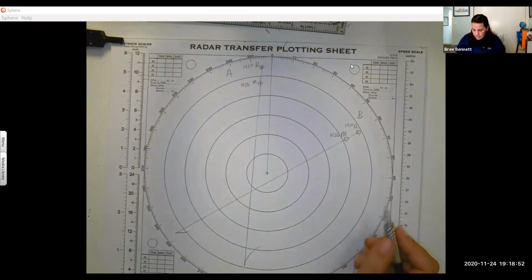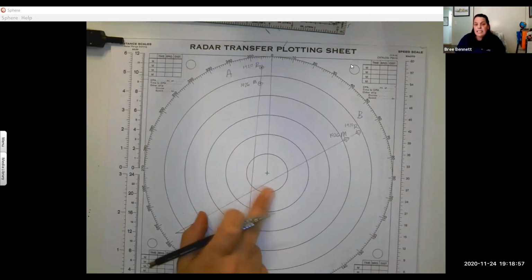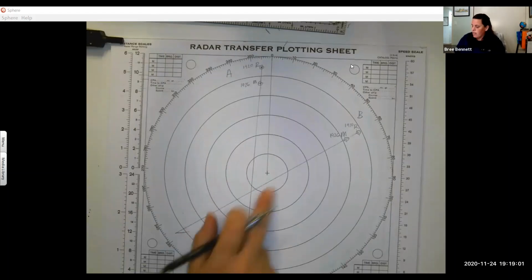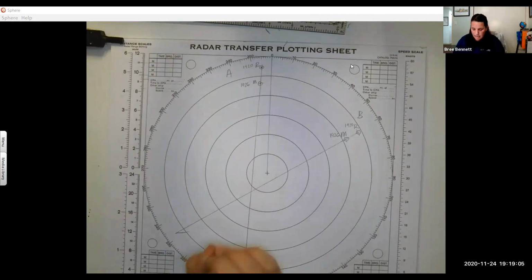Okay, so I can see that both of these targets have a CPA within 2 miles. They're both concerning, but I want to know what is the most dangerous. So basically, which one is going to hit me or get within that 2 nautical miles first?